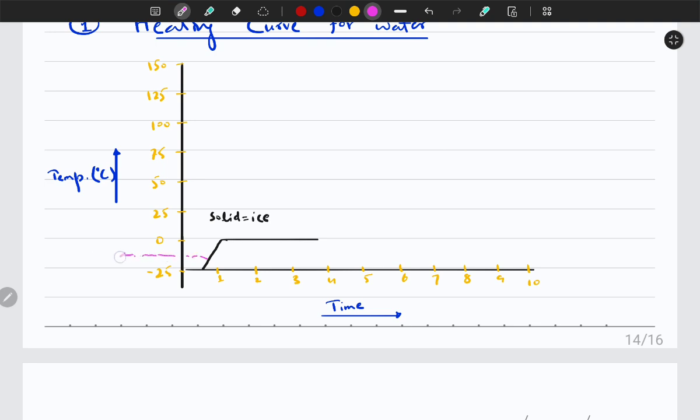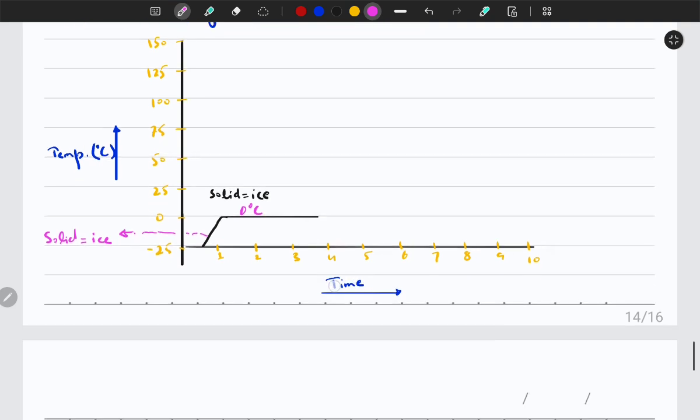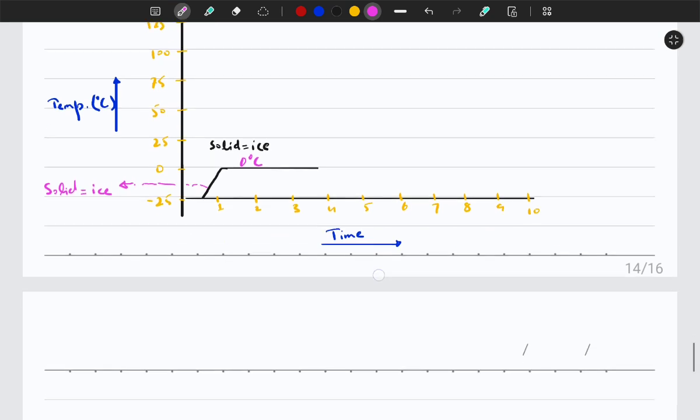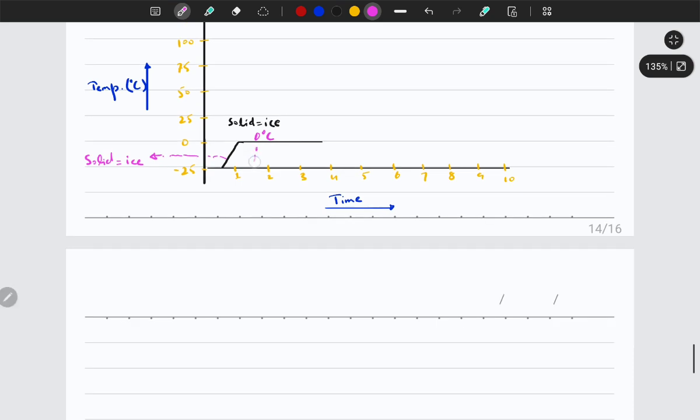But at 0 degrees Celsius, you have solid ice, but it starts melting. This is the freezing point of the water, but at the same time, it's also the melting point of water.